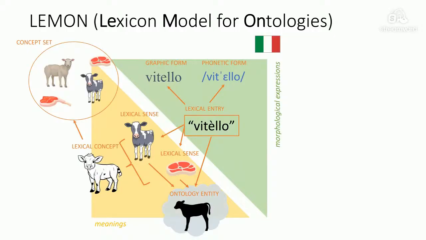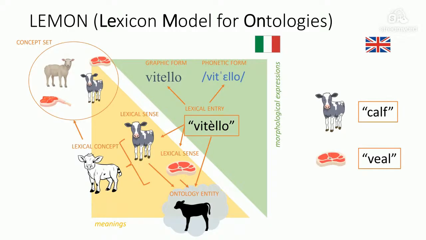So this model accounts for the relational nature of meaning in lexicon and can best be seen by looking at another language. In fact, the same entity in English has not one but two words because their lexical senses are split. Calf is the living animal, while veal is the meat. We thus have two sets of semantic features which don't perfectly align.